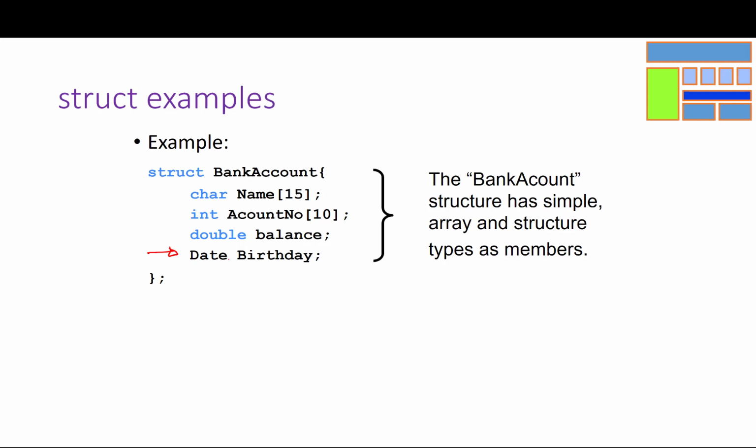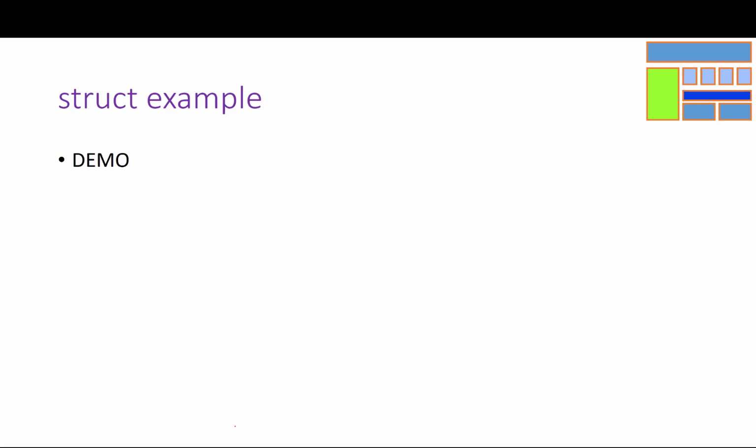Because I already have a struct which is called date, and the struct date actually has inside it, if you remember from the slide, ent day, ent month, and year, right? So this means that inside a struct you can have another struct. Okay, so let's skip the demo now, and we'll have the demo at the end of the video.